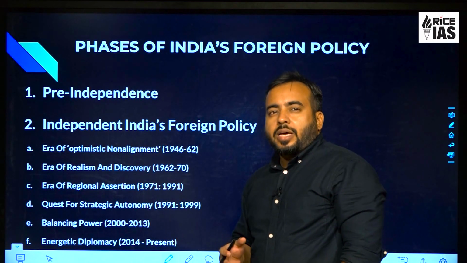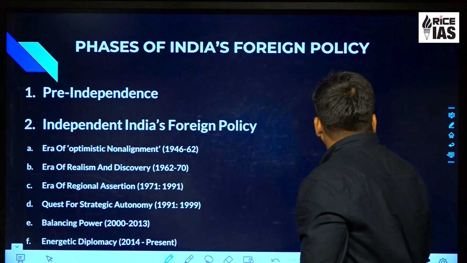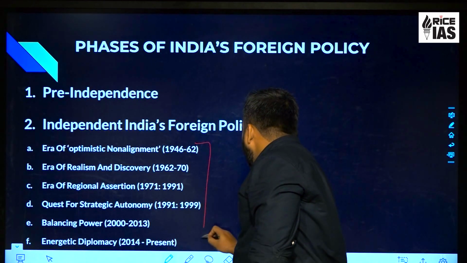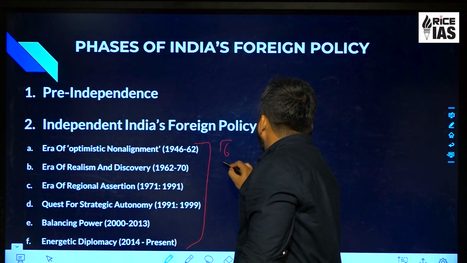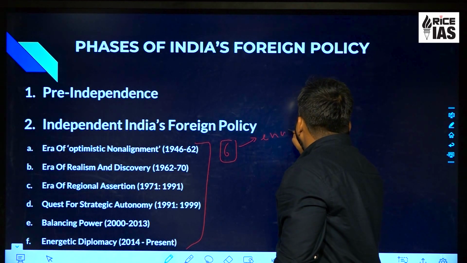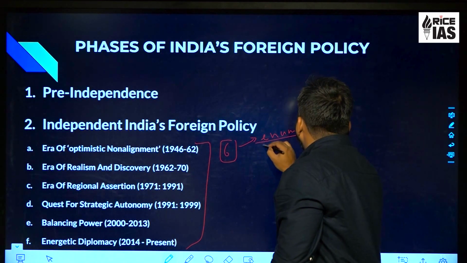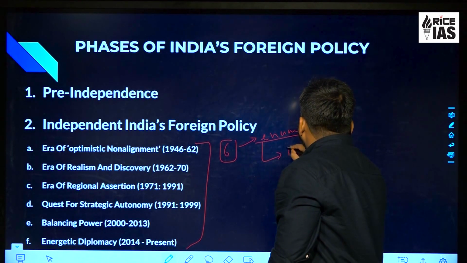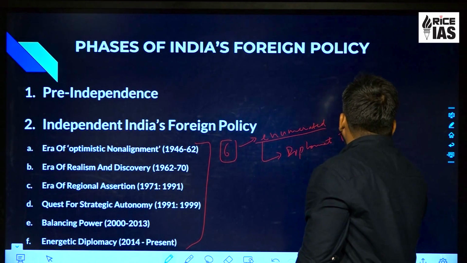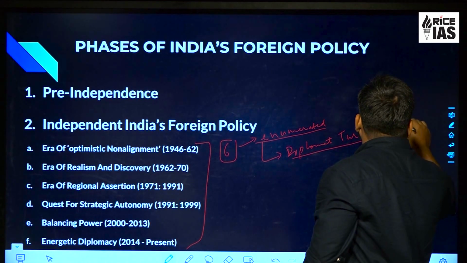So we are going to look now at the phases of India's foreign policy. As we look at the phases of India's foreign policy, these six have been enumerated by the diplomat turned, should we say, politician?